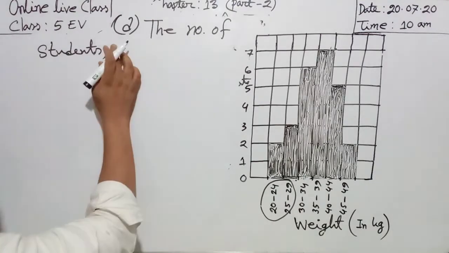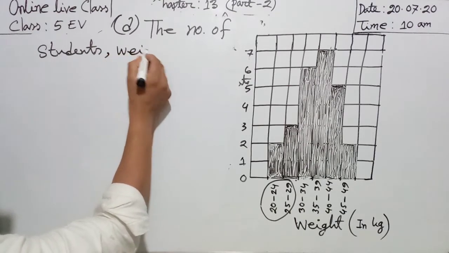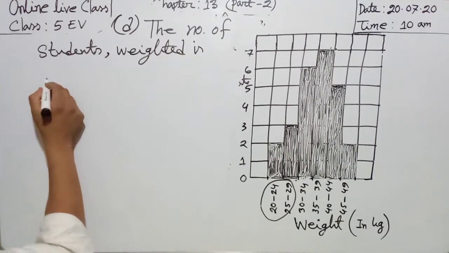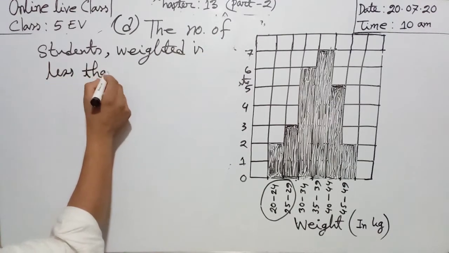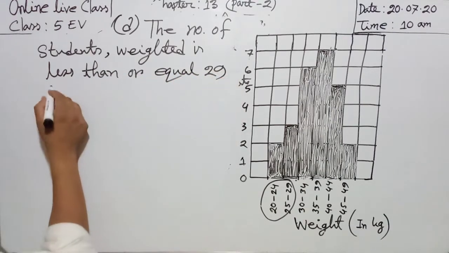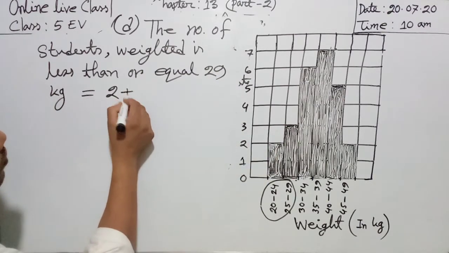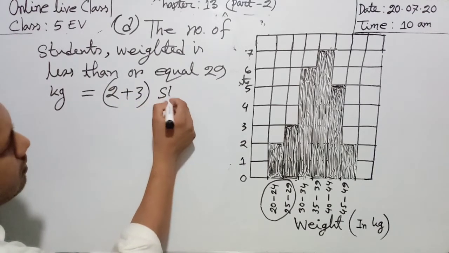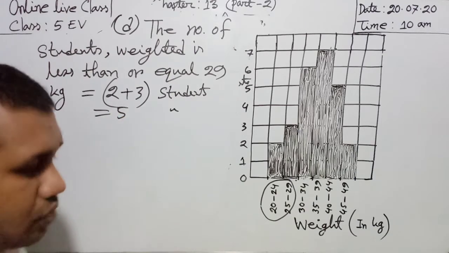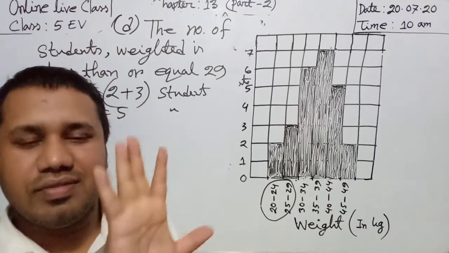So the number of students weighing less than or equal to 29 kg. What will be the answer? 2 plus 3. That means how many students? 5 students. So less than 29 or equal 29, there are 2 plus 3, 5 students.